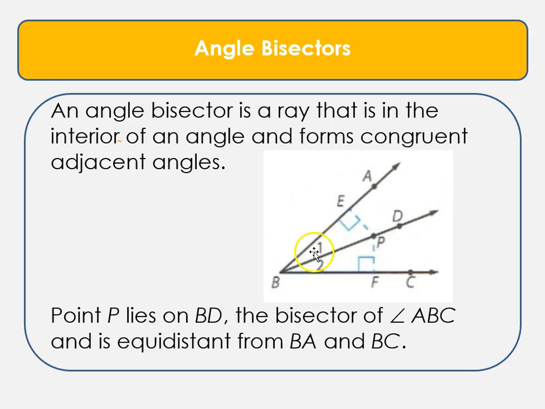We have angle bisectors, and you should know well by now what this is. This is when we draw a ray in between two rays of an angle, and we create a segment EP or segment FP that are the same distance from the sides. So it creates congruent adjacent angles.